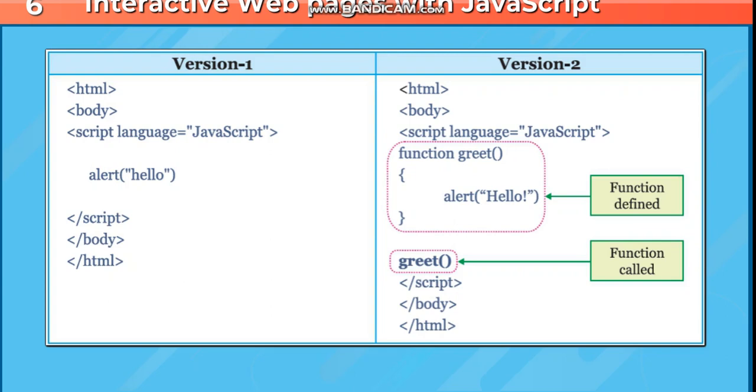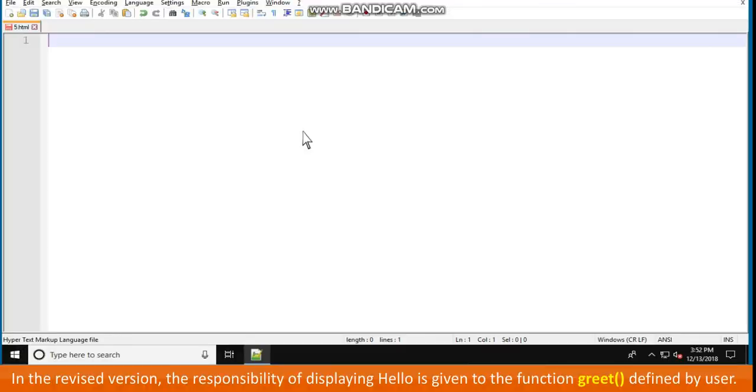Version 2: <HTML> <body> <script language="JavaScript"> function greet() { alert("Hello!"); } // function defined greet(); // function called </script> </body> </HTML>. In the revised version, the responsibility of displaying hello is given to the function greet defined by the user.